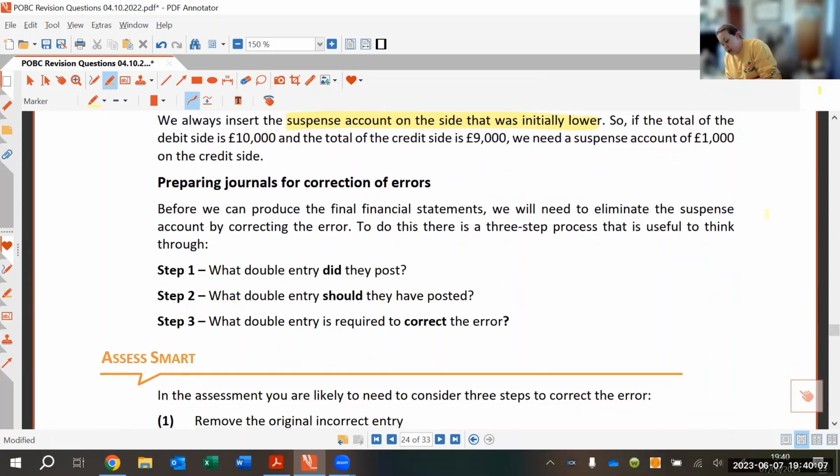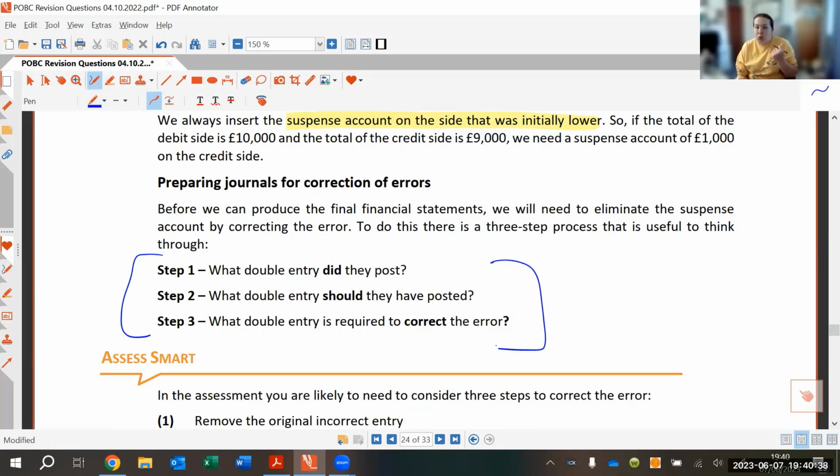As part of our error corrections, we may need to include the clearing of the suspense account once we've figured out what the error is. The question will tell you that, now we've done some investigation, we've found this is the problem, or the problem is in this section, and we need to correct it. It's really helpful to think about a should versus did situation. If things had been done correctly, what would the posting have been?